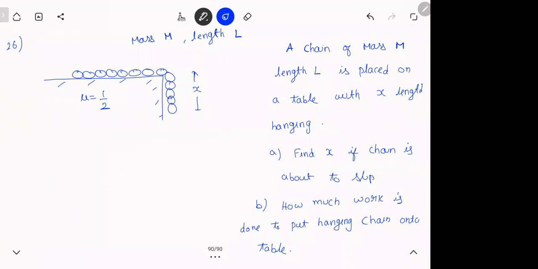Let's see. Any answers for the first one?